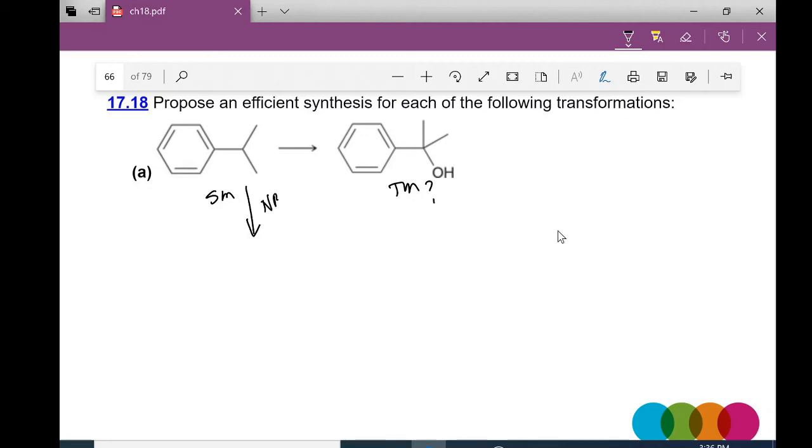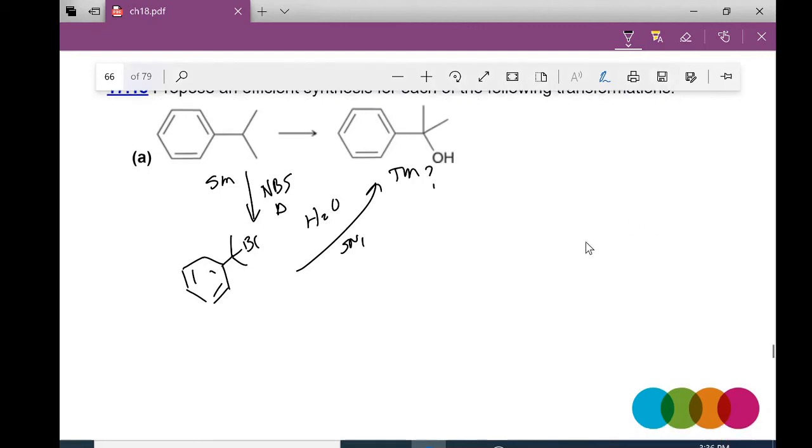So we can use something like NBS and heat to give us a bromine on the ring. Okay. And then to go from here, we can just use an SN1 reaction with something like water, okay, because we can't do SN2, it's too sterically hindered.